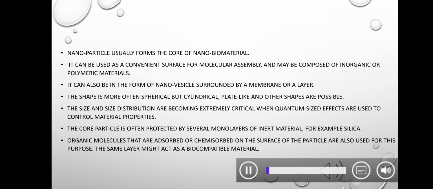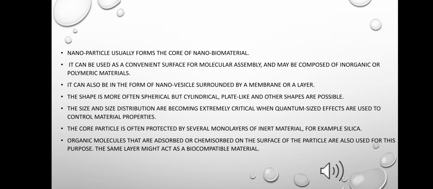Nanoparticles usually form the core of a nanobiomaterial. It can be used as a convenient surface for molecular assembly and may be composed of inorganic or polymeric materials. It can also be in the form of a nanovessel surrounded by a membrane or a layer. The shape is more often spherical, but cylindrical, plate-like, or other shapes are possible.